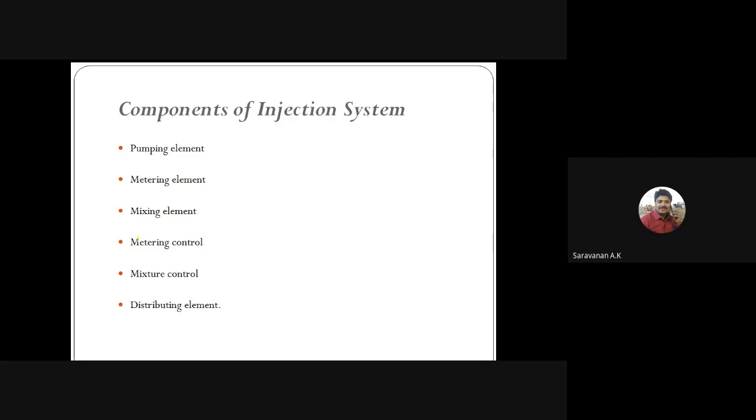The objective of the injection system is to meter, atomize, and uniformly distribute the fuel throughout the air mass in the engine cylinder. What is metering? It is controlling the amount. That system is called metering of the fuel.